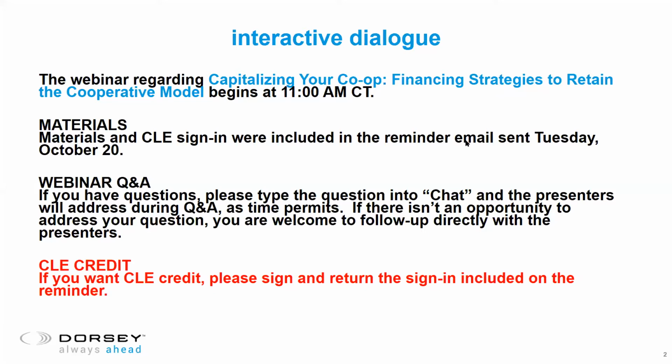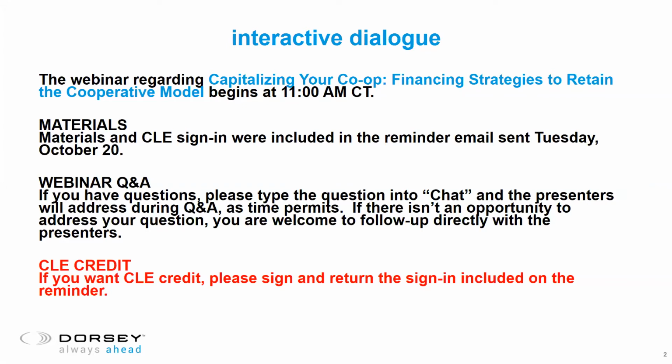So we are going to be talking today about a really interesting topic, namely how to capitalize your co-op. And capitalizing, of course, means the idea of getting financing into the co-op and making sure that you have a sufficient amount of information that will allow you to get the kind of capitalization that your co-op needs.